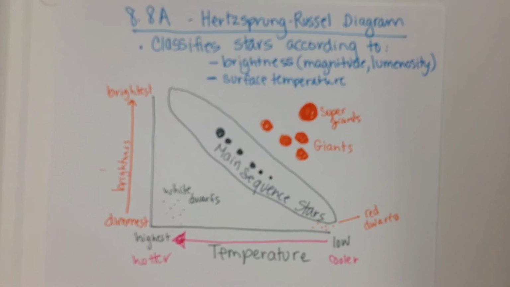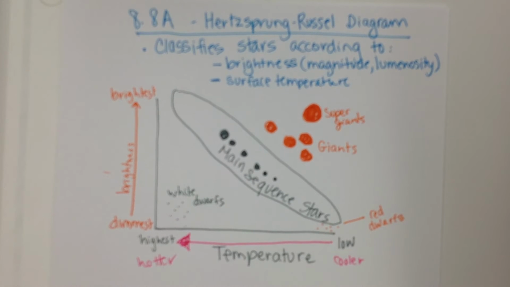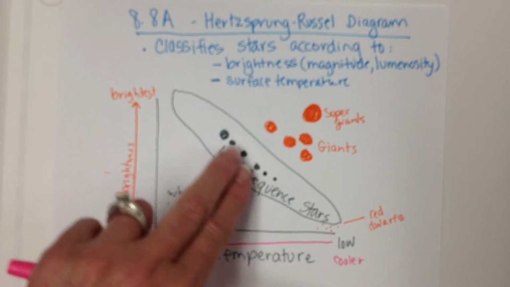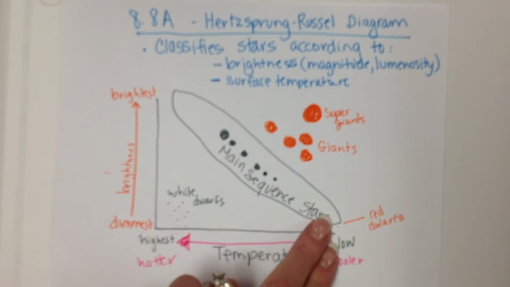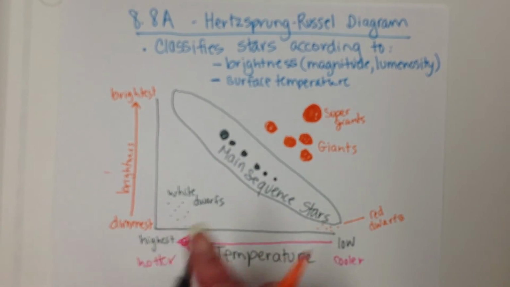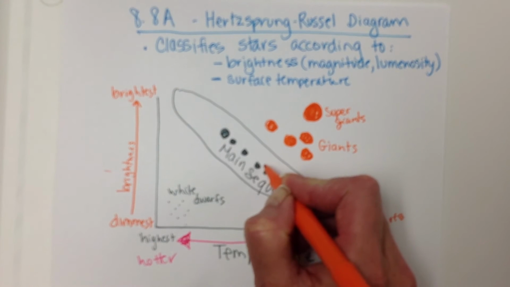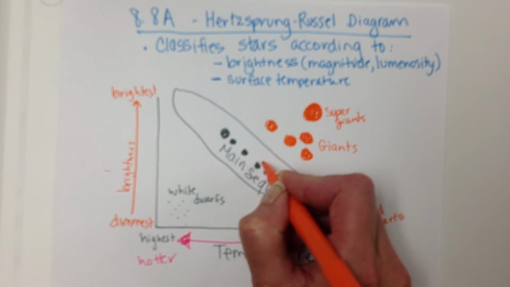Alright, when Russell and Hertzsprung put this diagram together, what they noticed is a pattern emerges. And if you kind of know the life cycle of a star, you see the pattern. The pattern is that along in here, these are the main sequence stars or living stars. Our sun is right in the middle here, kind of.